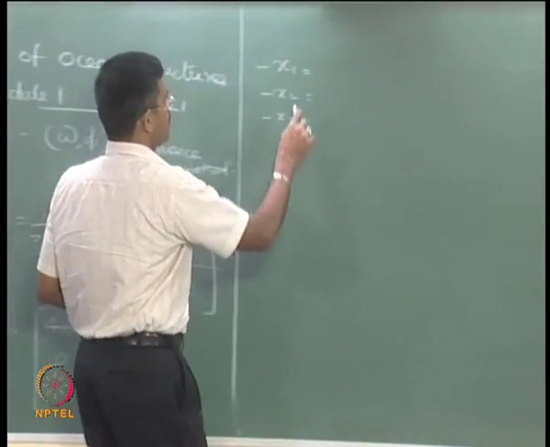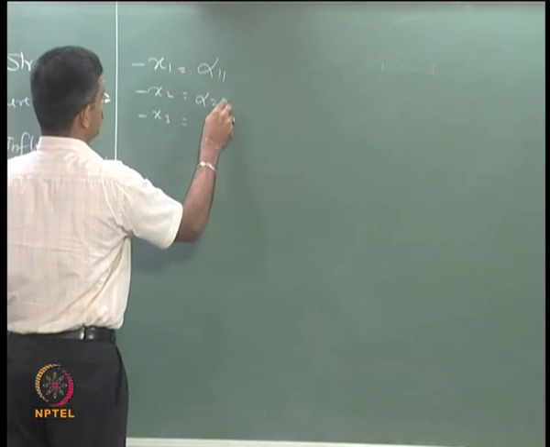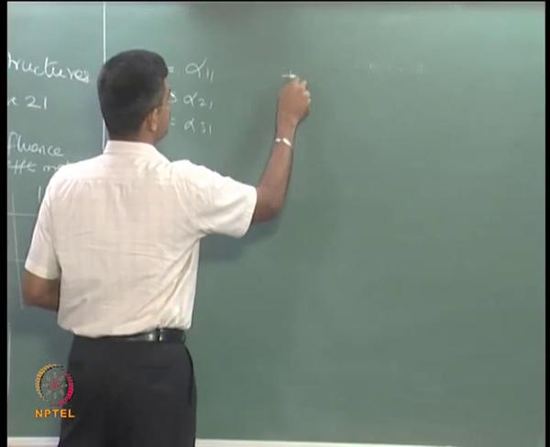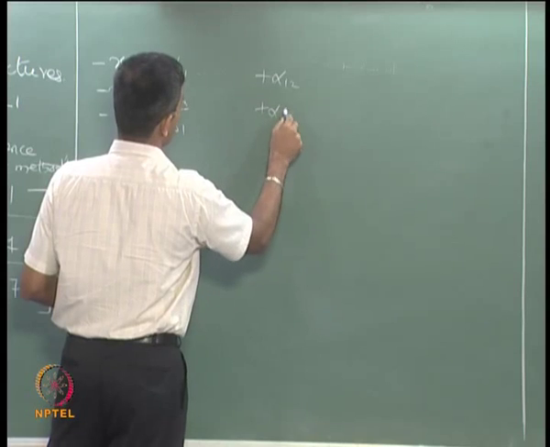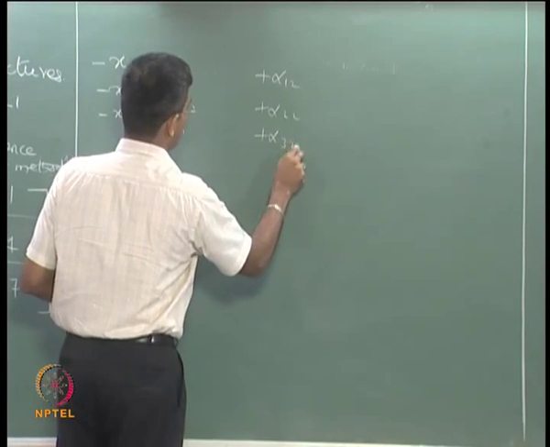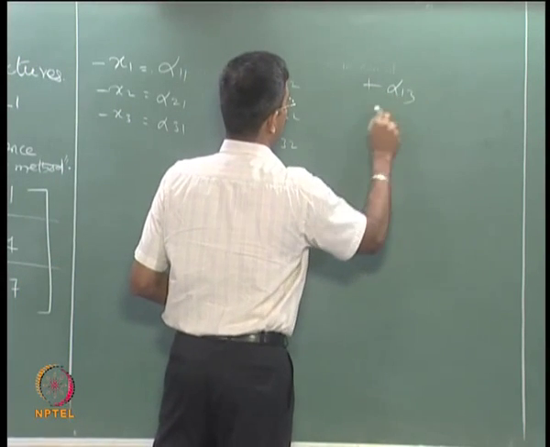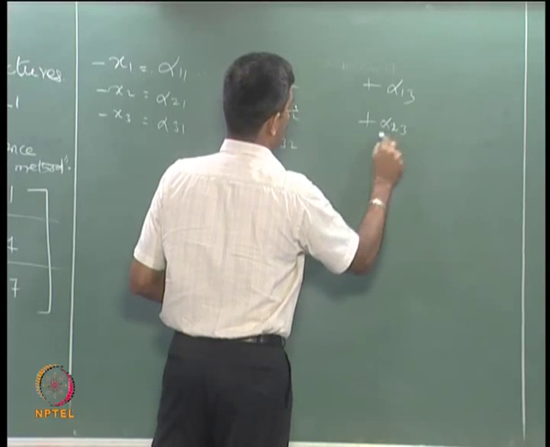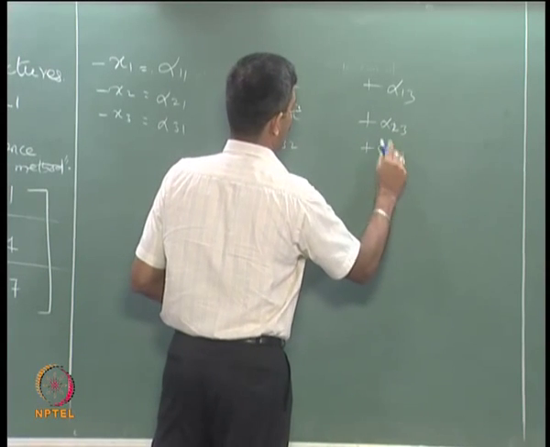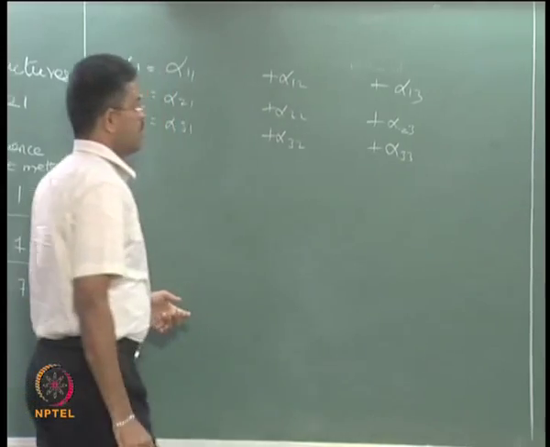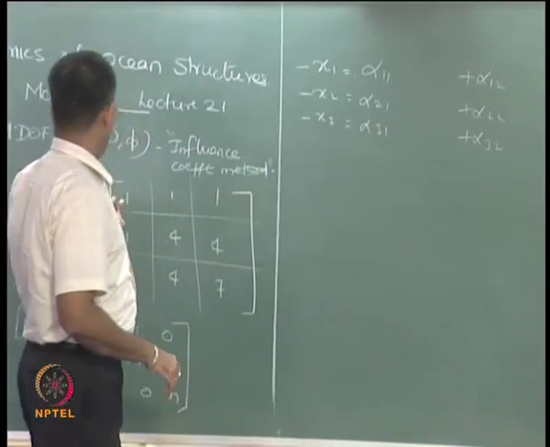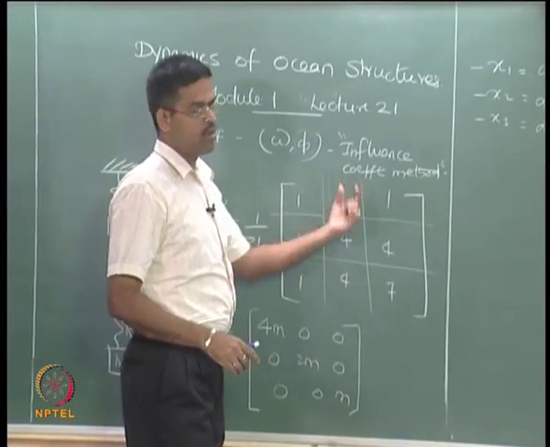So what I should do here is write alpha 1 1, 2 1, 3 1. These are nothing but the values of 1 1, 2 1 and 3 1 as I have written column-wise.